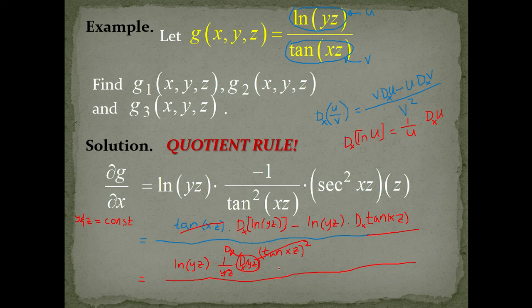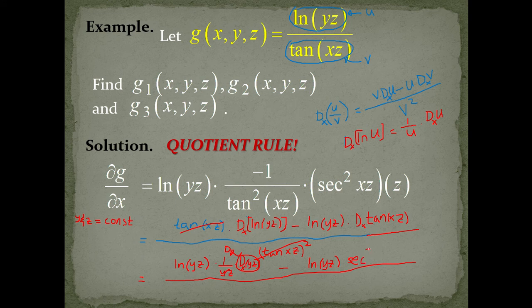Okay, then what is left is the minus part, so what is left is ln y times z. Then the derivative of tangent is secant squared.